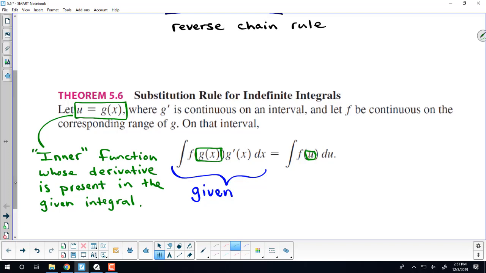So that, at least initially, we'll see that in order to identify what our substitution should be, it's going to be this right here. We're going to look for a function whose derivative is also present in the integral, and then say, well, since that function and its derivative are present, that particular function is what I substitute for. That's what we're going to let u equal.